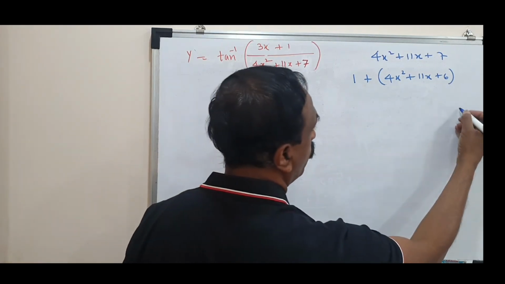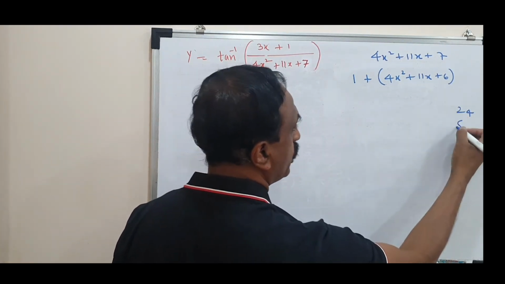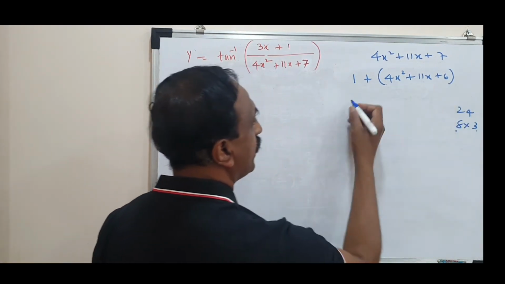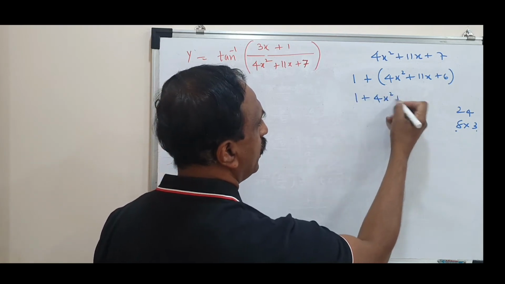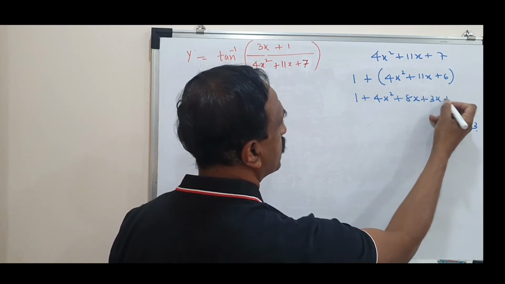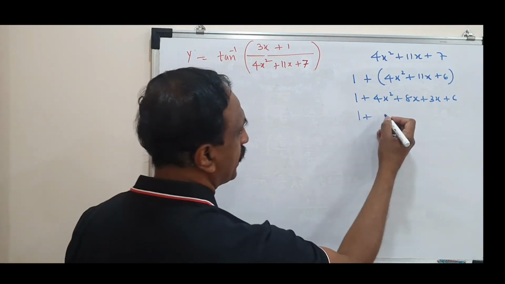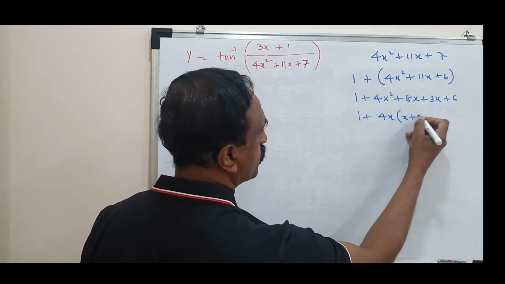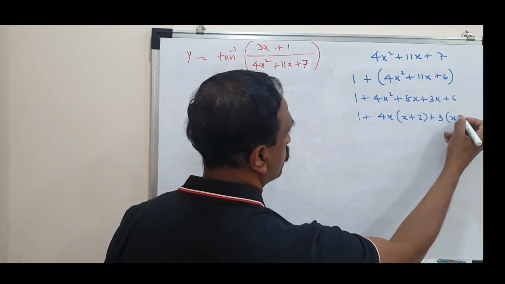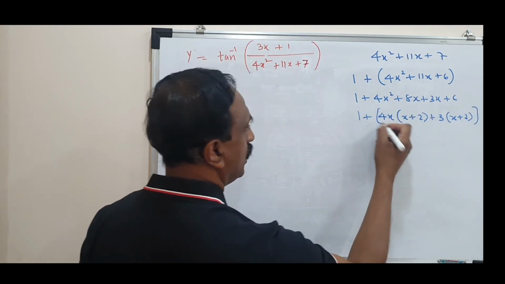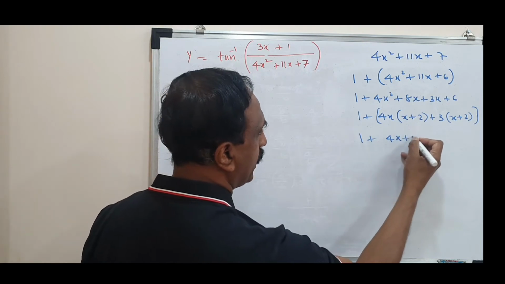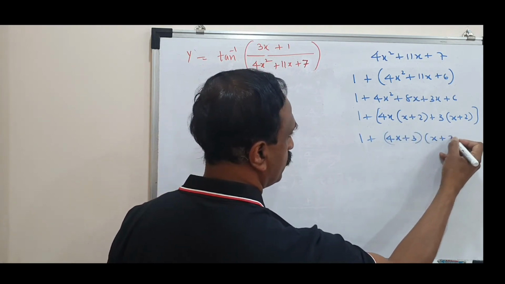6 fours are 24. And you know 8 into 3 is 24. 8 plus 3 is 11. So 1 plus 4x squared plus 8x plus 3x plus 6. So I can write this as 1 plus 4x common, x plus 2, plus 3 common, x plus 2. So that became 1 plus 4x plus 3 into x plus 2.